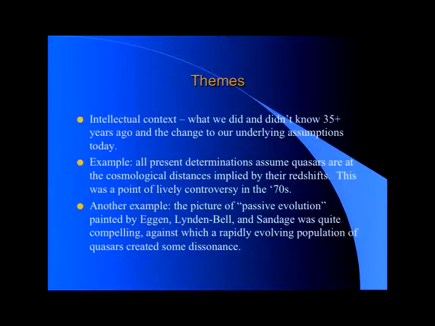Because the Eggen, Lynden-Bell, and Sandage paper was very influential in setting the context of what today we call passive evolution, that galaxies and all the structures formed relatively early on and were slowly evolving with time. So finding this disturbing population that seemed to be evolving very rapidly actually ran into some traffic.